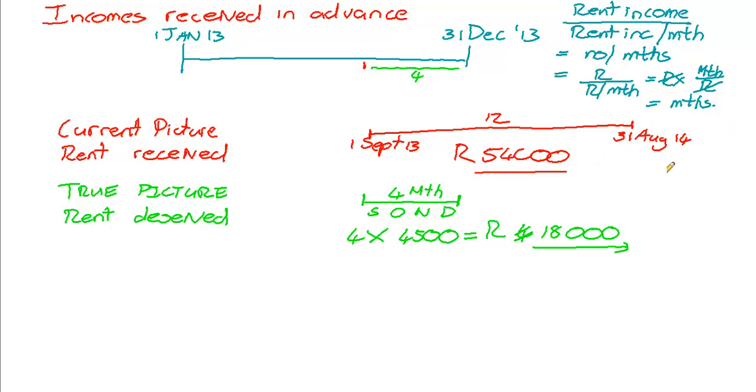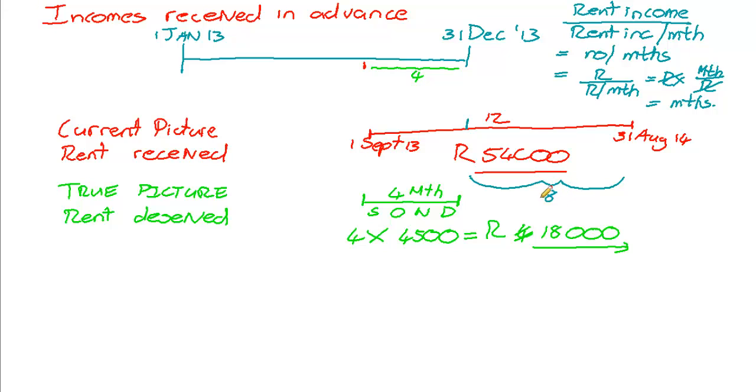Okay, so this remaining 8 months here, how can I indicate this? They've not yet provided office space for this 8 months. So this portion, they actually still owe to the party to whom they rented the office space.